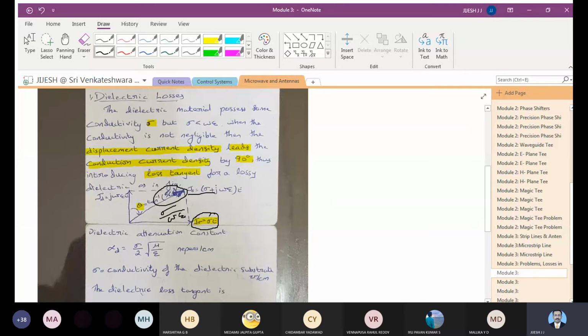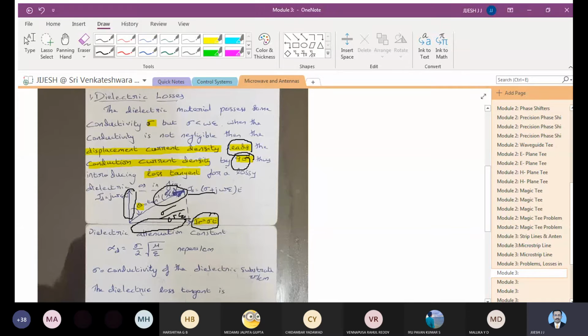What you can see here is this component and this component, so there is a 90 degree difference. That is, it leads the conductor current density by 90 degrees.